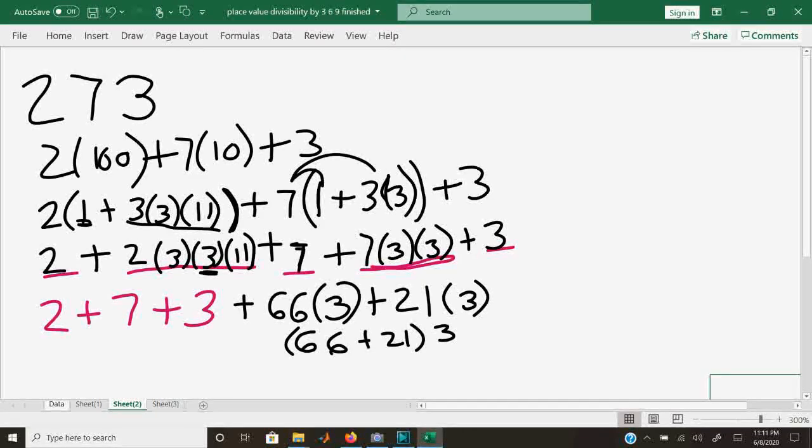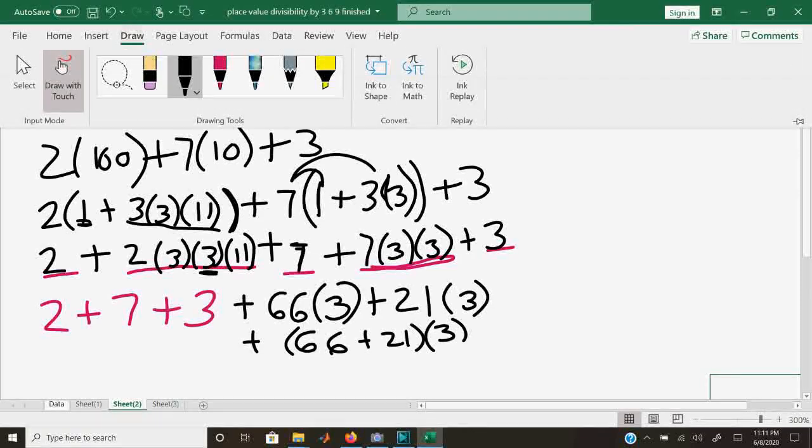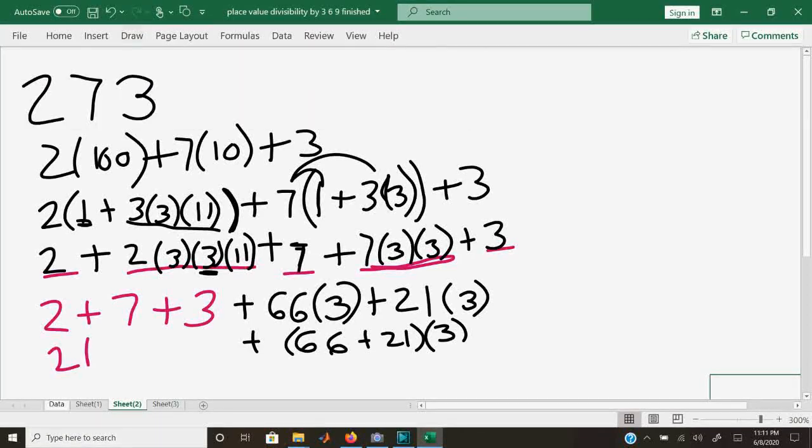If I look at that, the distributive property tells me I could take my 3 and multiply it by the 21, and then also multiply it by the 66. So I know that the second thing I've written is equivalent to the first. And I've still got my original numbers.